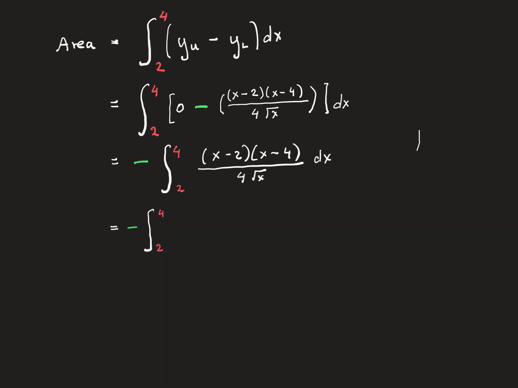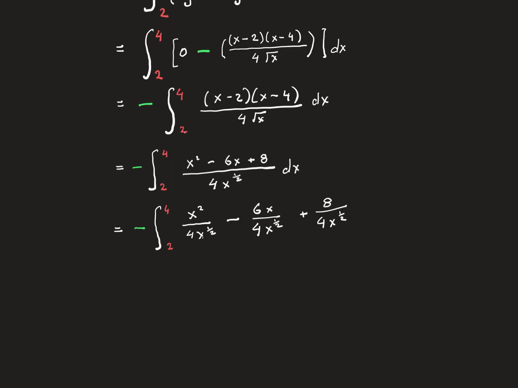And this becomes x squared minus 6x plus 8 over 4x to the power of a half. Now we need to distribute that denominator to every term in the numerator. And we have 3 terms.